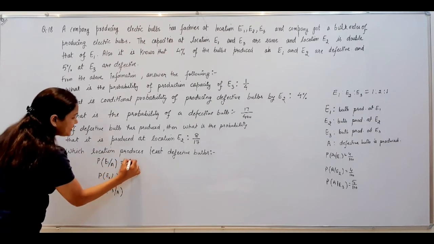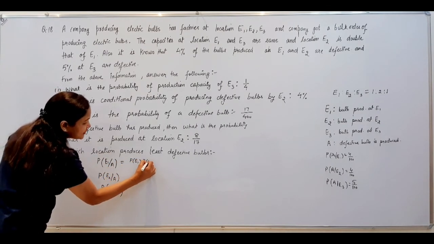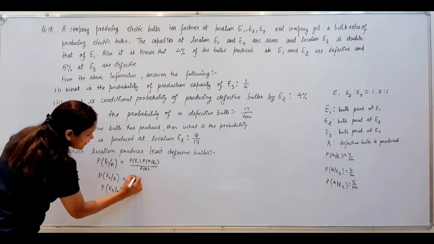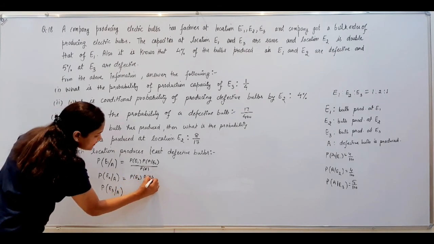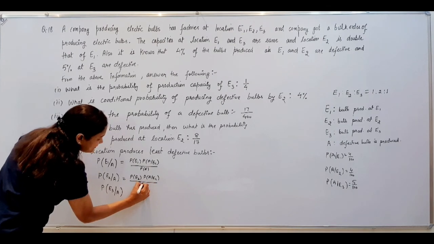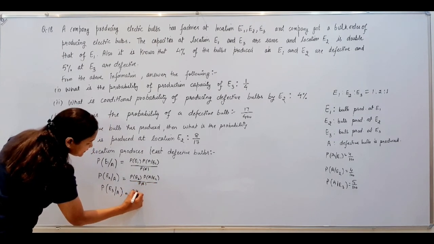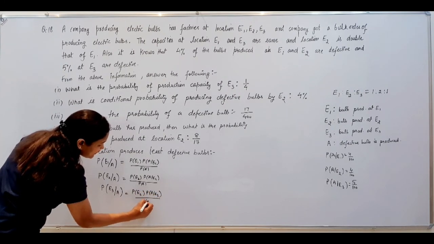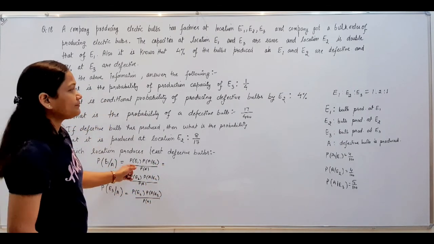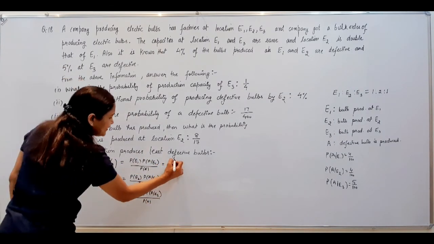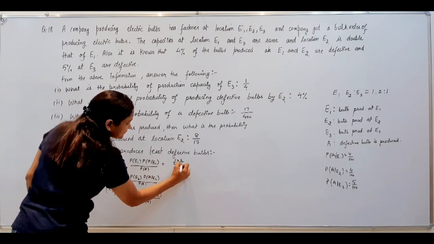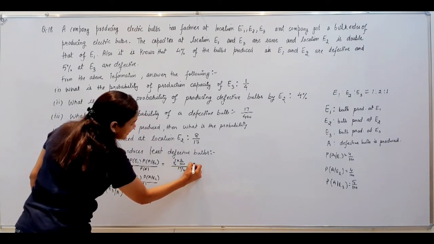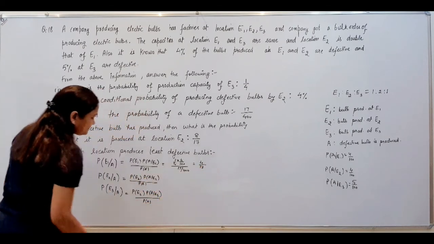E1 given A will be equal to probability of E1 into probability of A given E1 divided by probability of A. This is equal to probability of E2 into probability of A given E2 divided by probability of A, and finally probability of E3 into probability of A given E3 upon probability of A. Now this will be equal to 1 by 4 into 4 by 100 divided by 17 by 400, and this is equal to 4 upon 17.